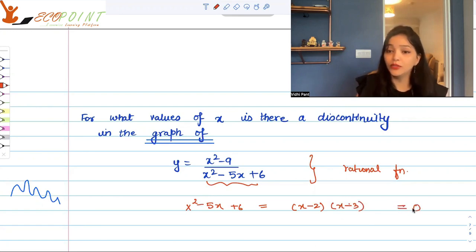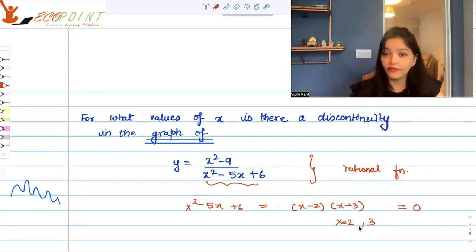When is it equal to 0? It is equal to 0 when x is 2 and 3. So you have 2 points of discontinuity in the graph of this function. You can very well graph it, you will figure out. At 2 and 3, you will face discontinuity. Okay?